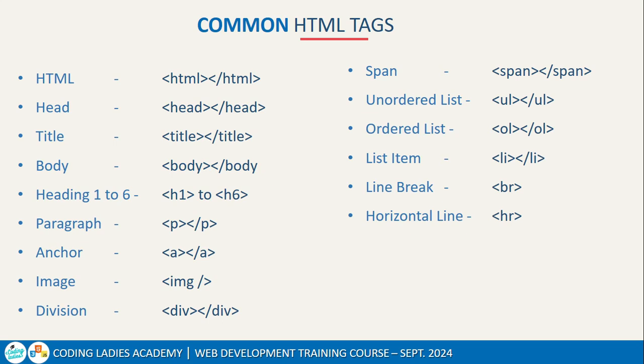The ordered list is numbered, starting from 1, 2, 3, or I, II, or A, B, C. But for the unordered one, there's no numbering, so we should take note of that. The LI is the list item, and the list items are used inside the UL or OL tags. The UL or the OL serves as the parent, and the LI will be the children.